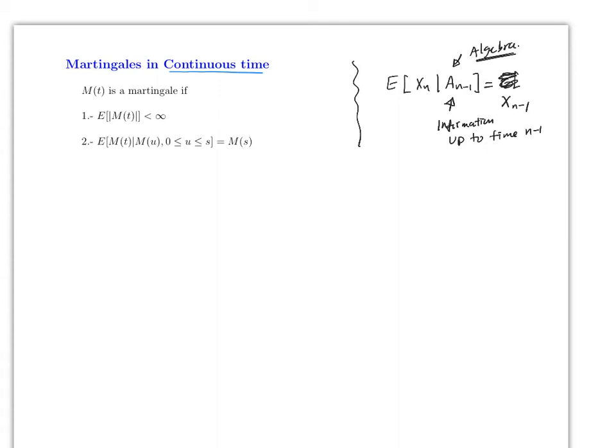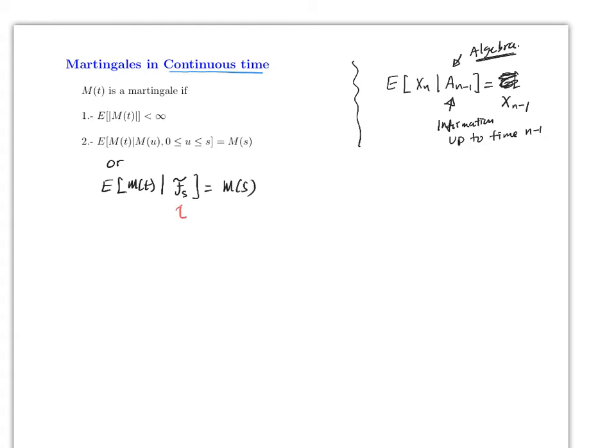In continuous time we have algebras too. They are called sigma algebras, so you can also rewrite this as F_s, and this will give you M_s.